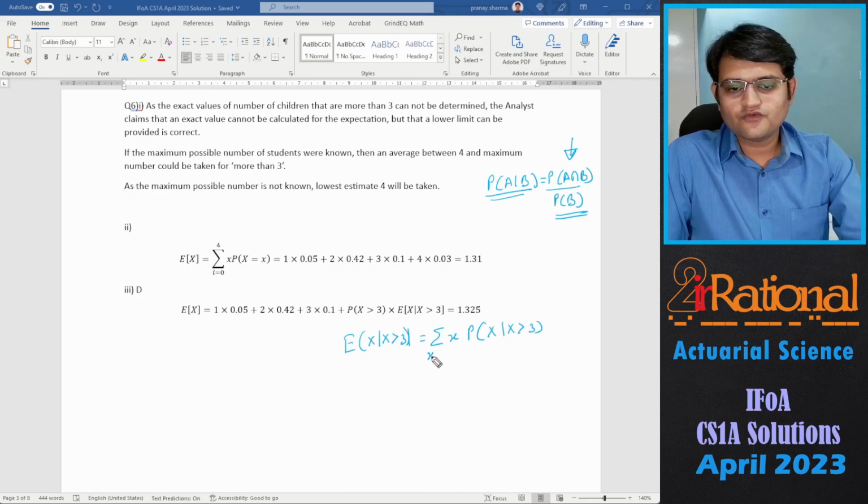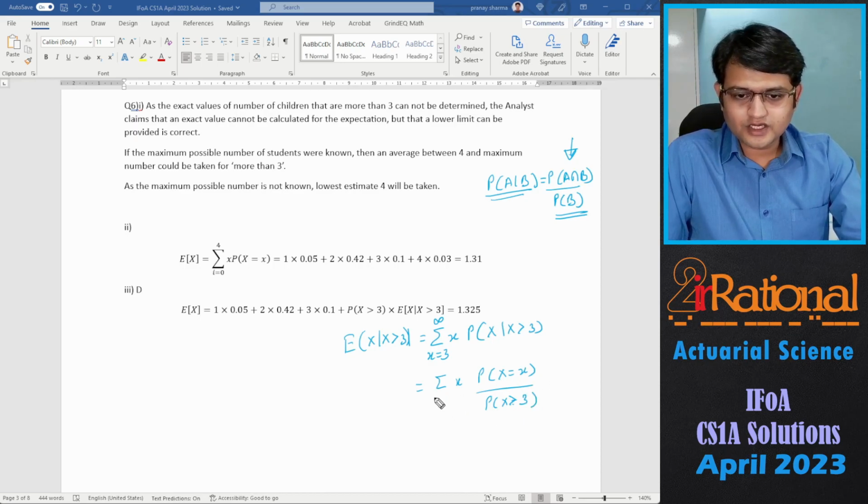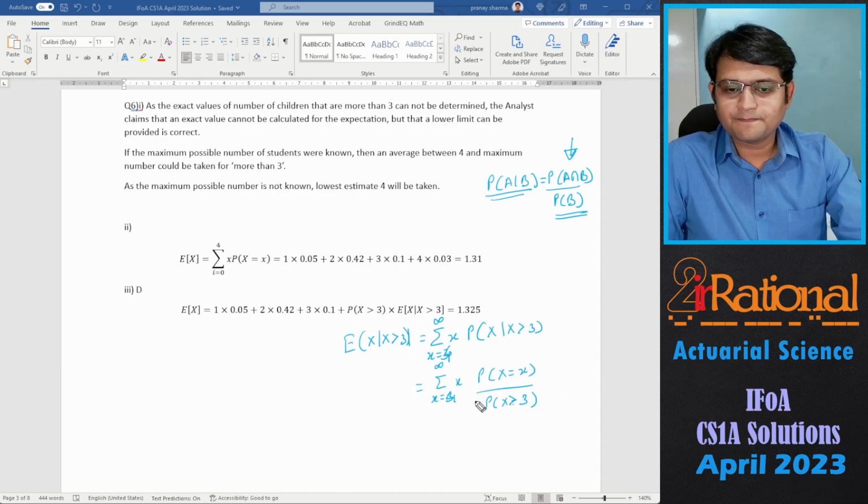This would go from x being 3 to infinity. That would just be summation for all values of x into probability of x upon probability x is greater than 3, and here x is going from, actually not 3, this should be from 4 to infinity. Again here this should be from 4 to infinity, and we want just this part for our expectation.